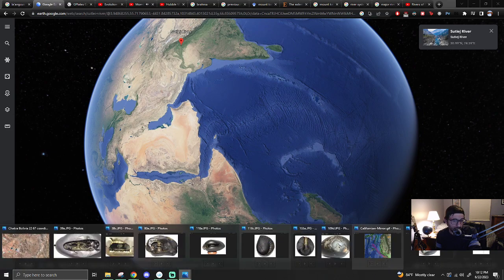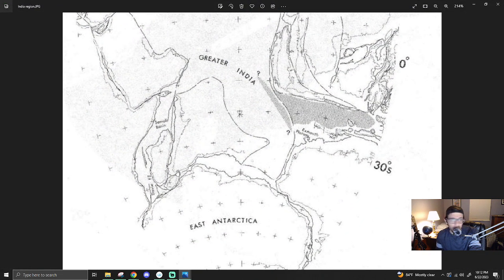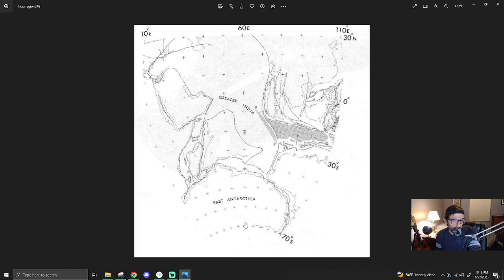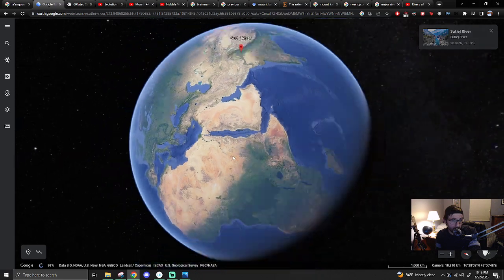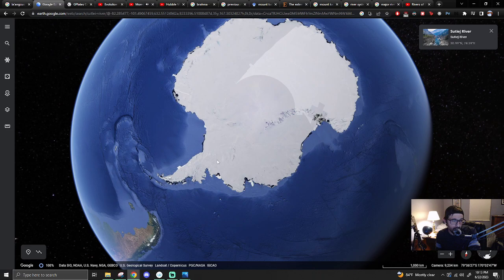I think if we look at this, we can see how Madagascar, Sri Lanka, and India were conjoined in there with Antarctica, Eastern Antarctica. So maybe that thing had a boundary of Eastern Antarctica and Western Antarctica, like over here, this side.